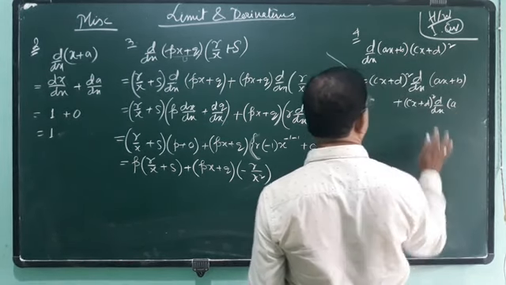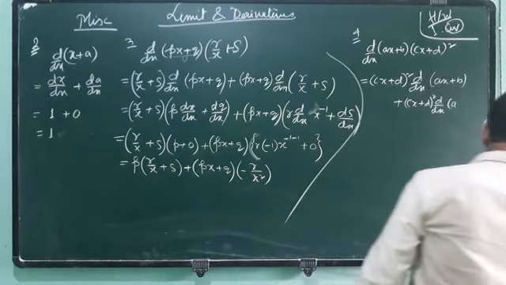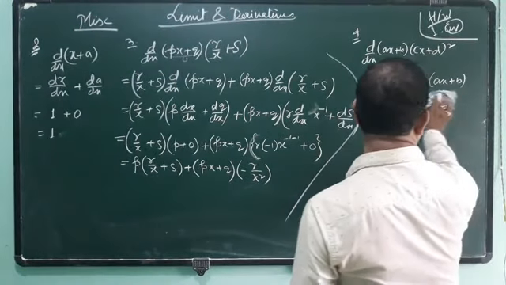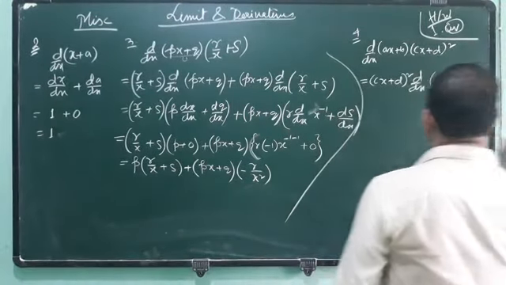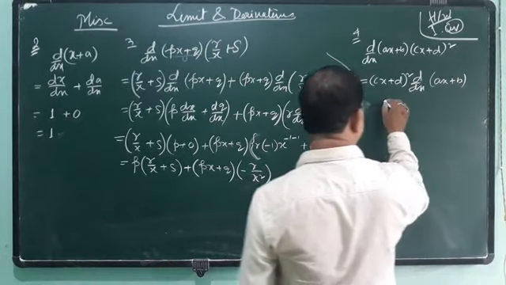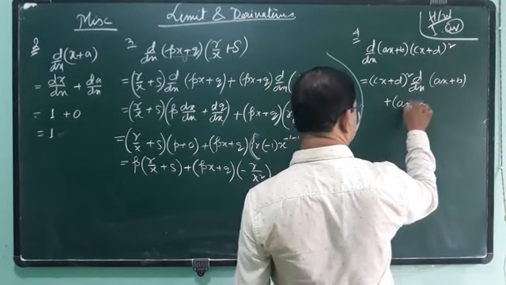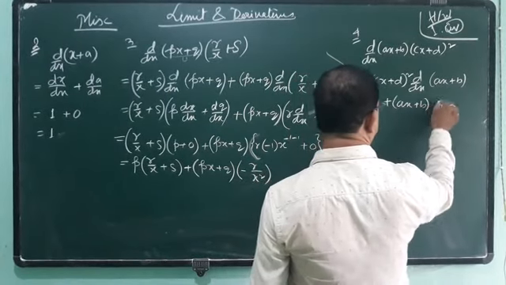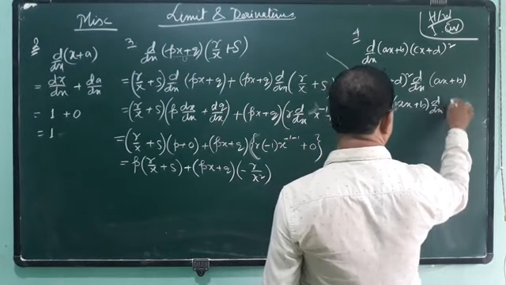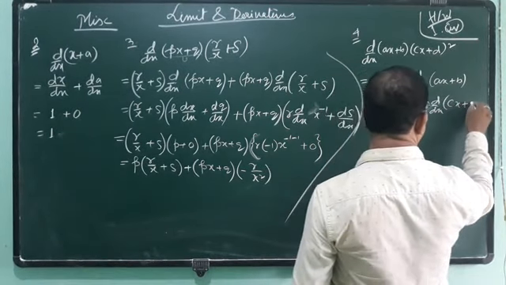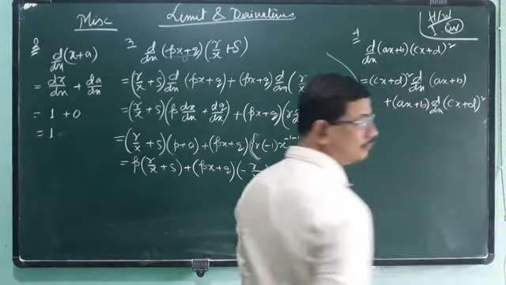Sorry, I have written wrong here because that should not repeat it again. You have differentiated that one. So next (ax + b) we have to write d/dx (cx + d) whole square.